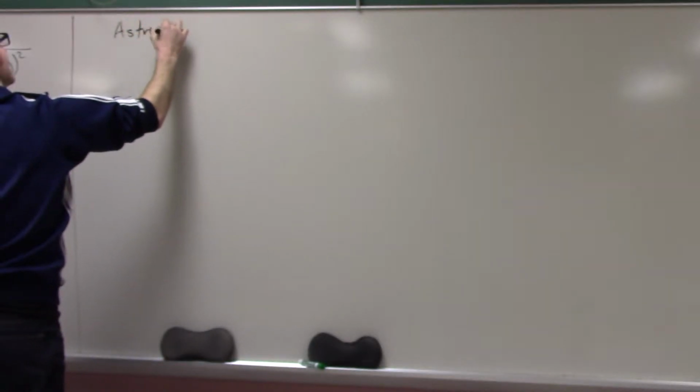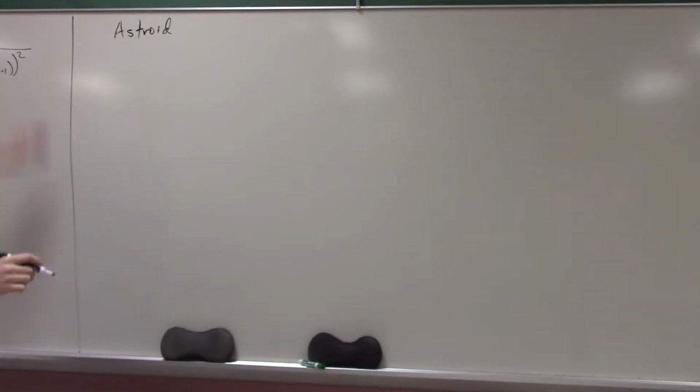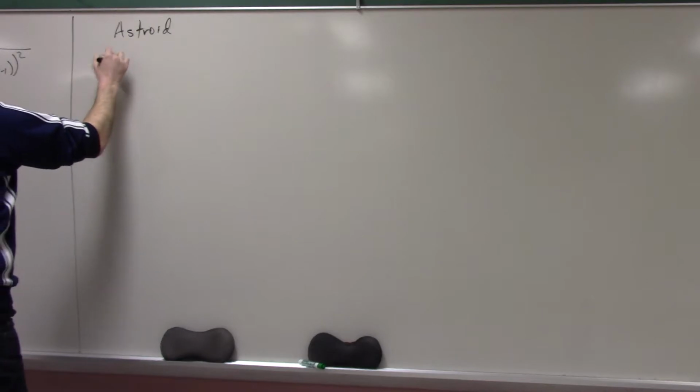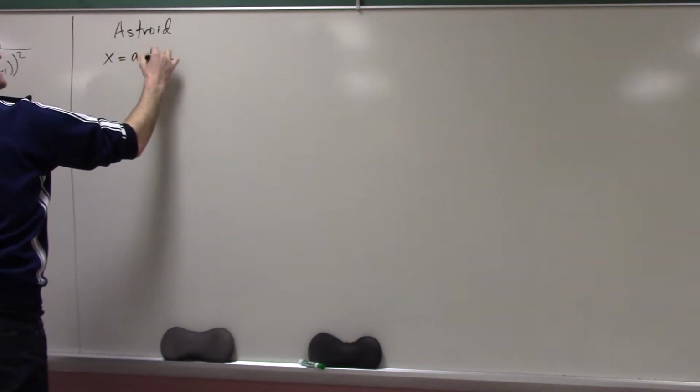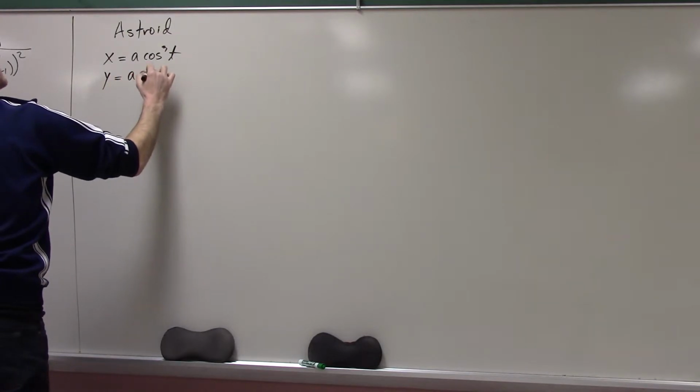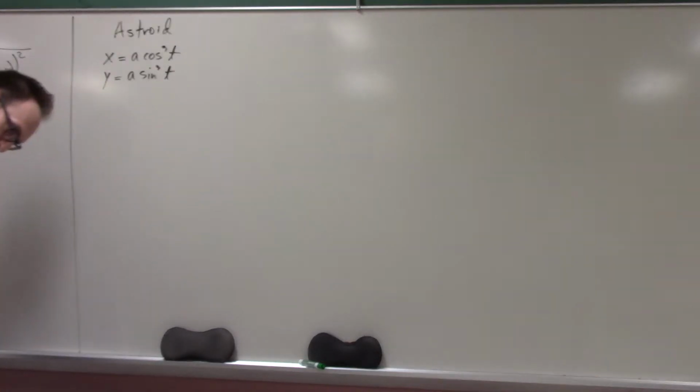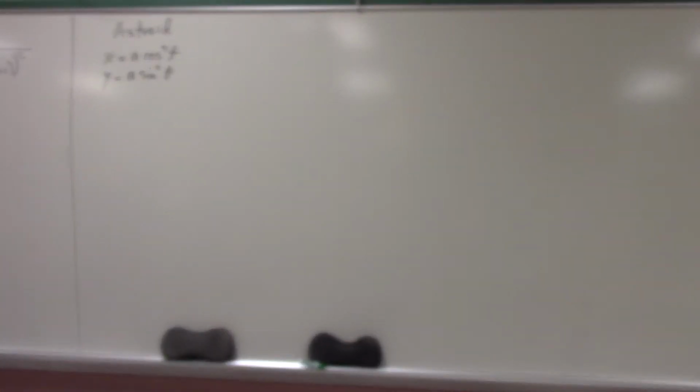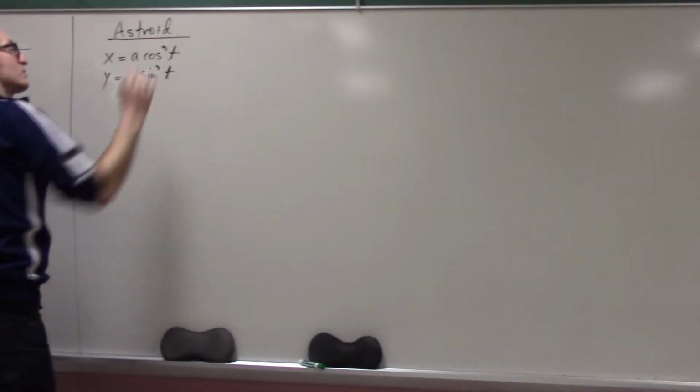This is a thing that you did hopefully last year in functions. It's a curve with parametric equations x equals a cosine cubed t, y equals a sine cubed t. And okay, what does this look like? Well, it feels sort of vaguely circle-ish. After all, x is kind of cosine, y is kind of sine.